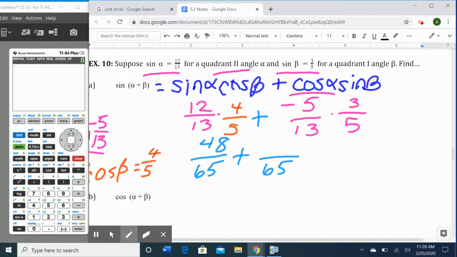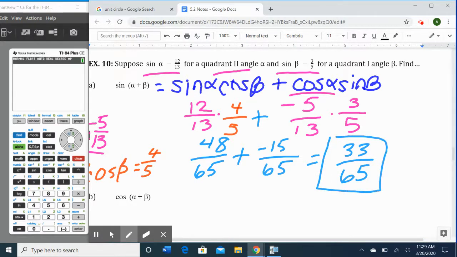Then negative 5 times 3 is negative 15. So 48 minus 15 is 33/65. I would check if those could be reduced, and since they cannot, my final answer for the sine of alpha plus beta is equal to 33/65. Notice that I didn't need to know what the angle measures were at any point in time.